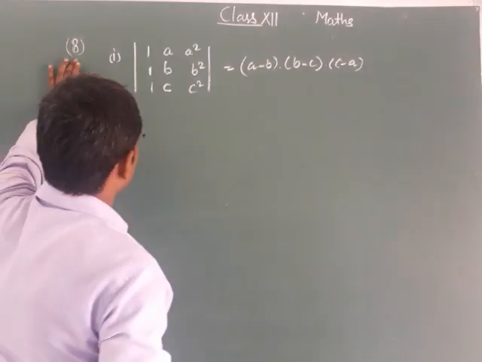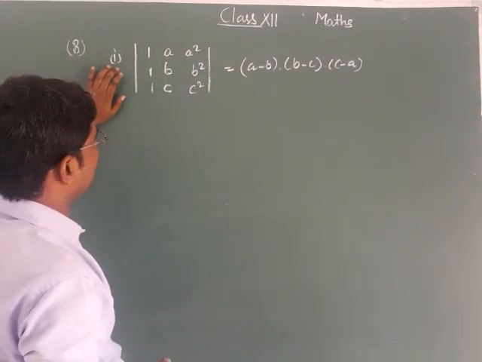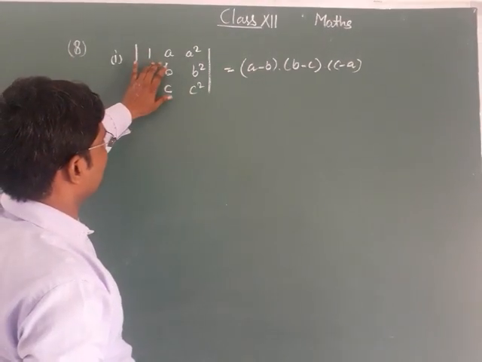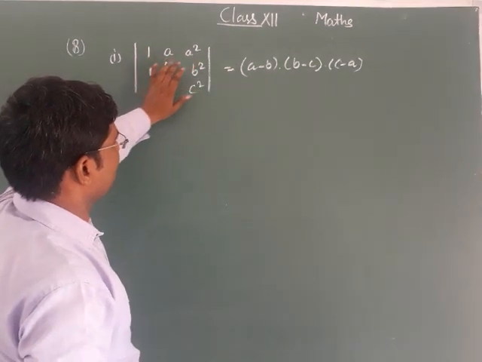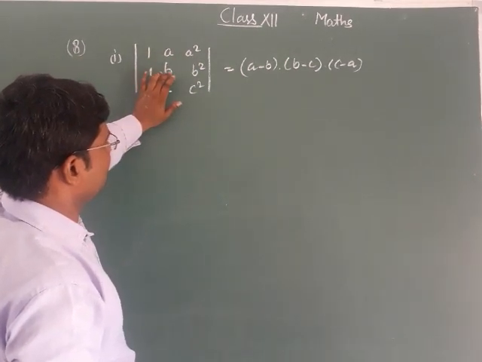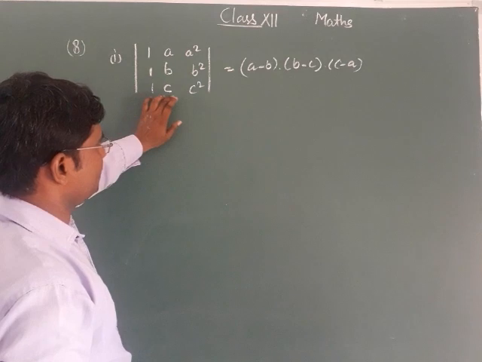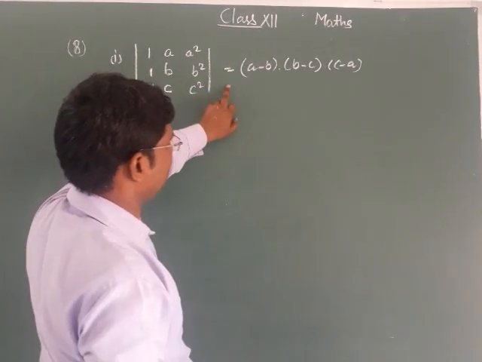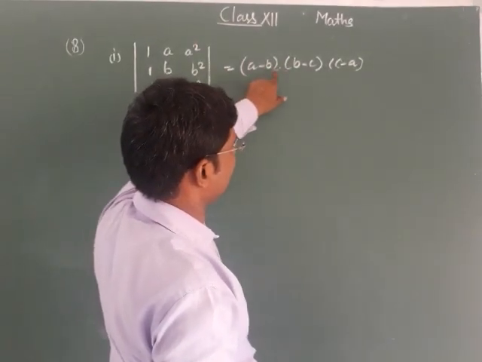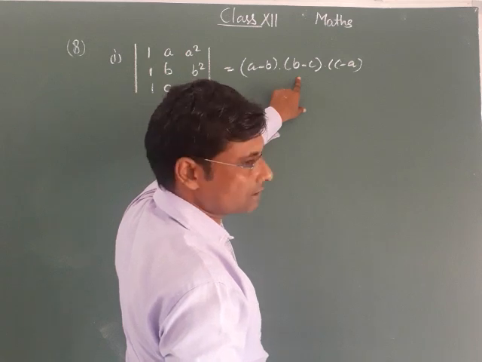Now question number 8, first part: the determinant with rows 1, a, a square; 1, b, b square; 1, c, c square is equal to (a minus b)(b minus c)(c minus a).